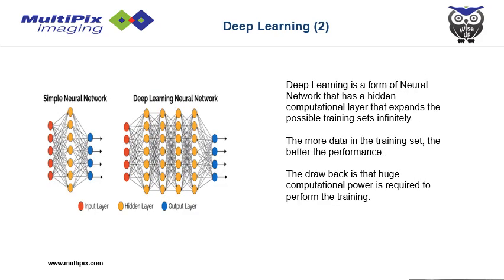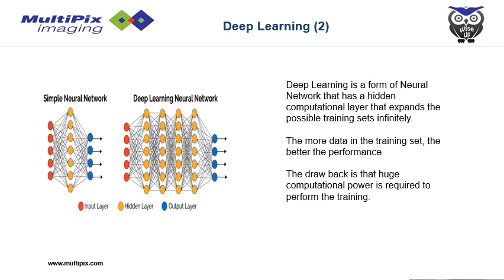Okay, so what is deep learning? As it says here, deep learning is a form of neural network, but it has a hidden computational layer. That means you can expand training sets massively, into tens of thousands of examples in your training sets if necessary.